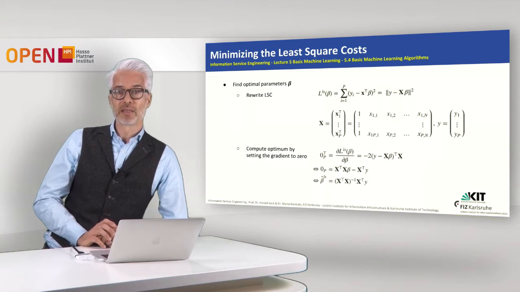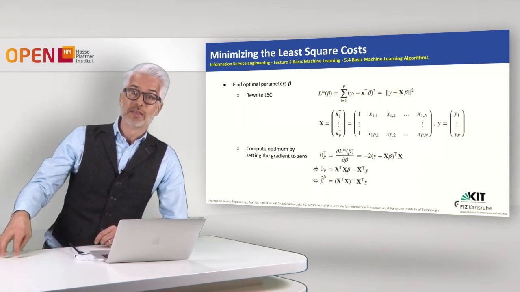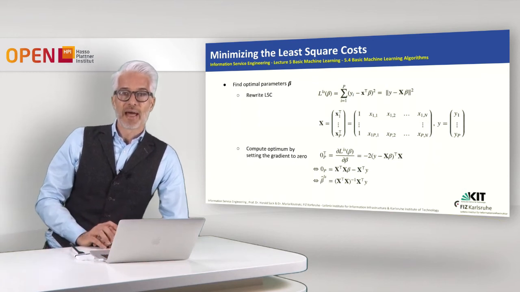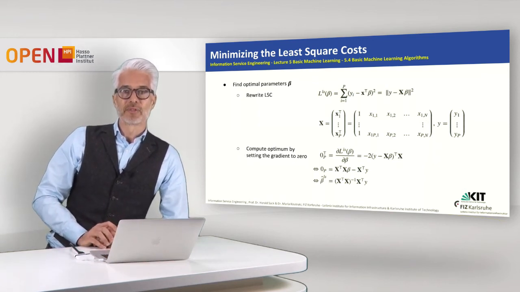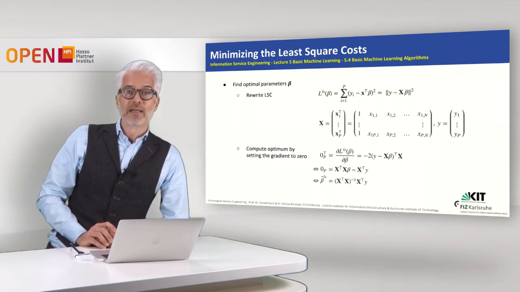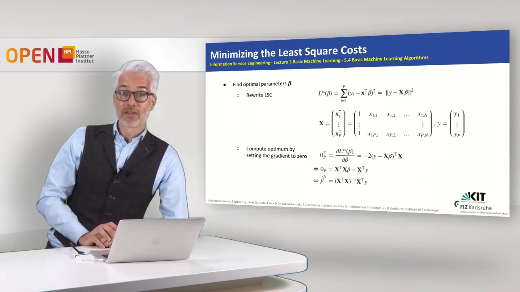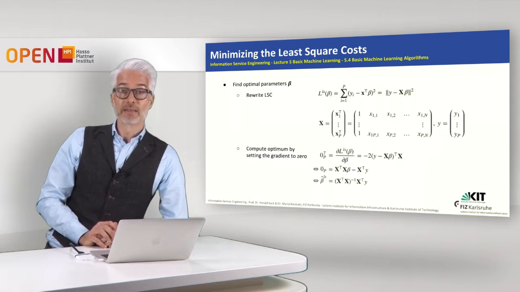What we did here is simply draw the x into the parentheses, and then you come up with x transposed times x times beta minus x transposed times y. And what you do then is you think of what beta you have to put in there so that this entire formula computes to 0, and this is easily determined.